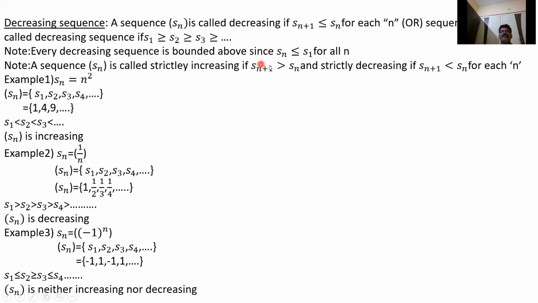Every term in the sequence is less than or equal to S1. So first every term is less than or equal to the first term. Therefore, every decreasing sequence is bounded above, since Sn is less than or equal to S1 for all n.